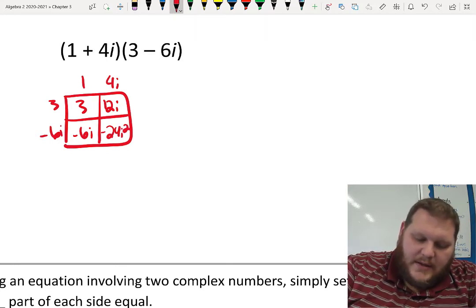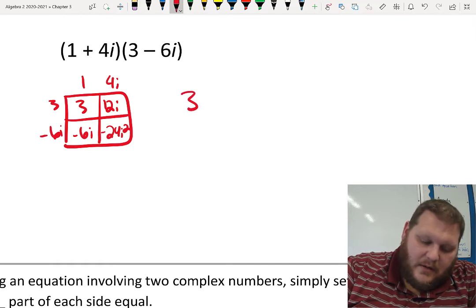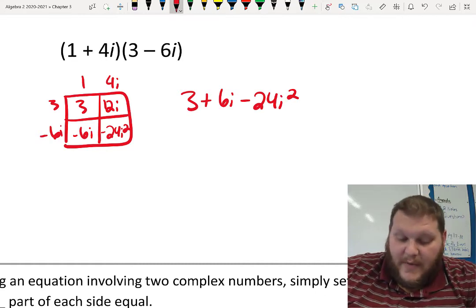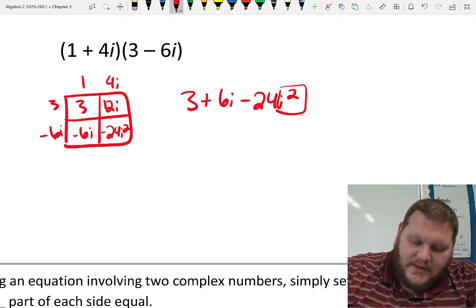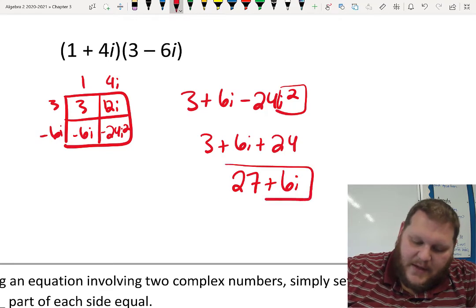So collecting up your like terms, 3 plus 6i minus 24i squared would be my expression from collecting my like terms from my box. And again, I just have to make sure I substitute negative 1 for i squared. So 3 plus 6i plus 24. So I get 27 plus 6i for my final answer.